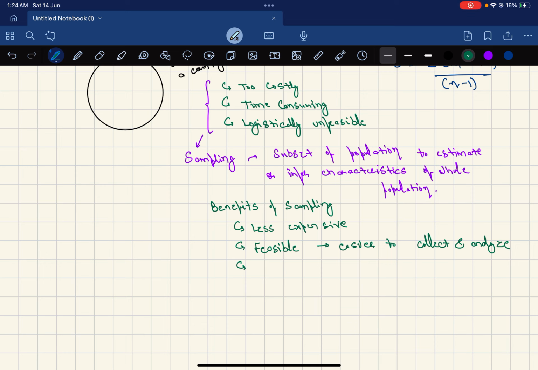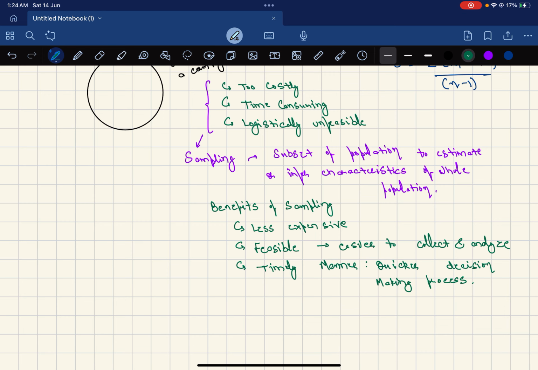And since taking the survey of all the adults was time consuming, this can be done in a timely manner, so it is a quicker decision making process.